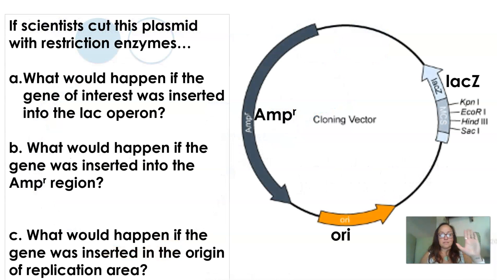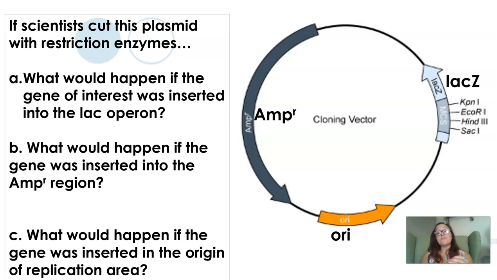So let's think about this for a minute. Let's think about a couple thought-provoking questions. What would happen if the gene of interest was inserted into the LAC operon? So if right here EcoRI, the restriction enzyme, cut the LAC-Z gene, could this bacteria digest lactose?